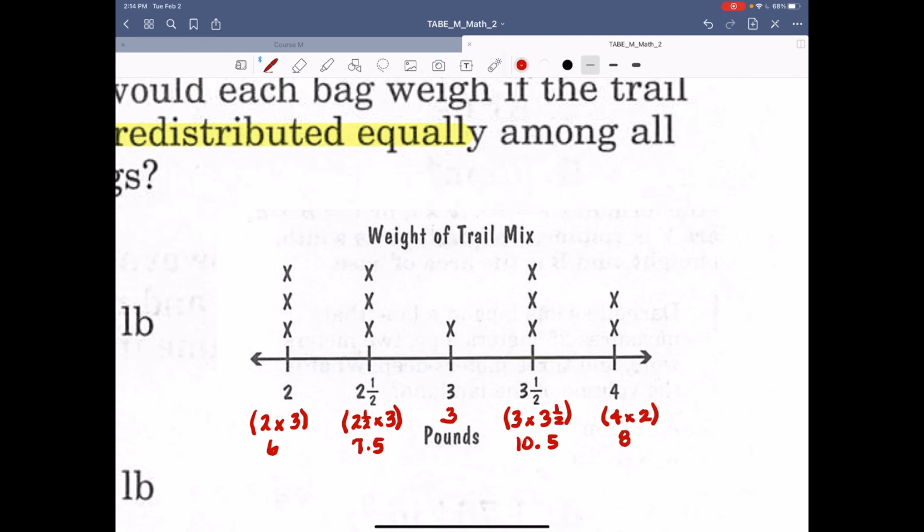So I'm going to add up the pounds. Don't lose your 3. So we have 6 plus 7.5 plus 3 plus 10.5 plus 8 equals 35 pounds of trail mix.